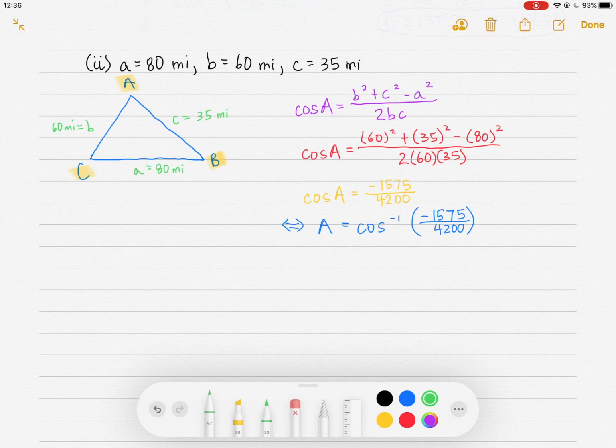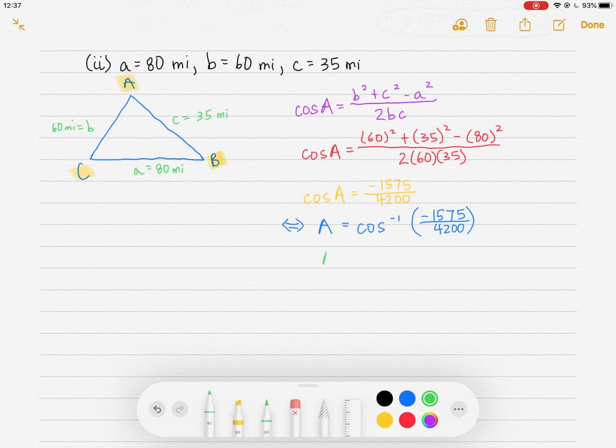This is kind of a side note: it spits us back an angle between 0 and pi. And which quadrant is cosine negative in? He's negative in Q2. Can a Q2 angle be an angle in a triangle? Absolutely. So cosine inverse of a negative is, again, perfectly fine.